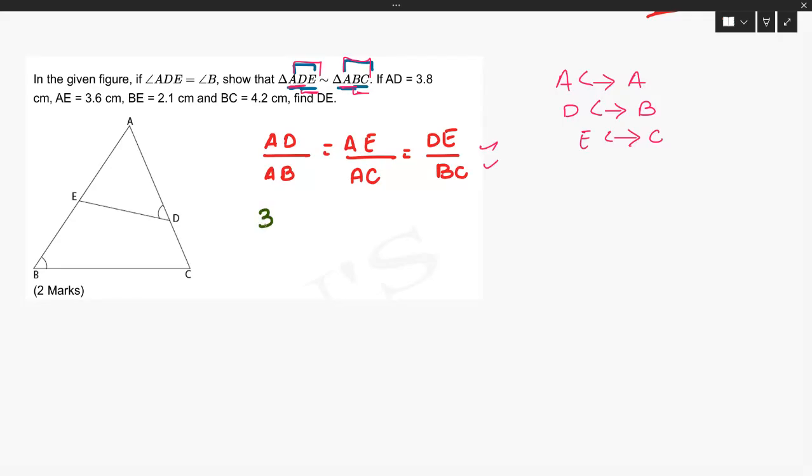AD is 3.8, AB we don't know, AE is 3.6, AC we are not aware. BC is, where is BC? Acha, this one. Acha, BC is 4.2.